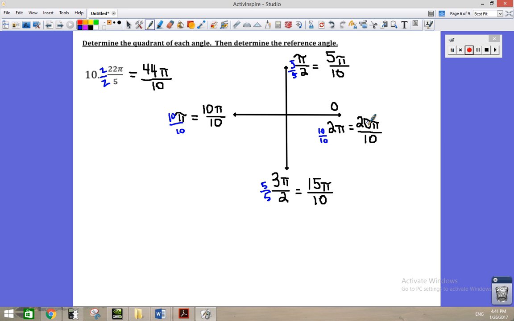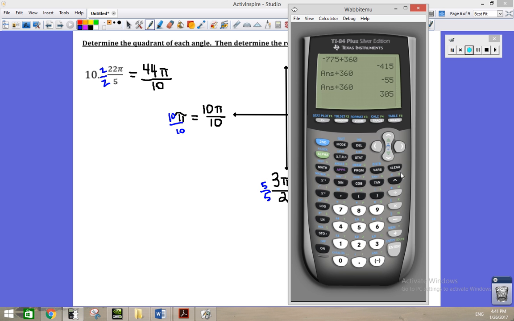44 is bigger than 20, so I need to start subtracting complete revolutions. And since I know the denominator is 10, I can just start subtracting multiples of 20. So when I take 44, instead of 44 pi over 10, I'm just going to take 44 minus 20. That was one revolution. I get 24.